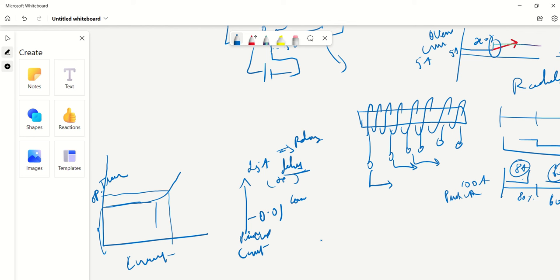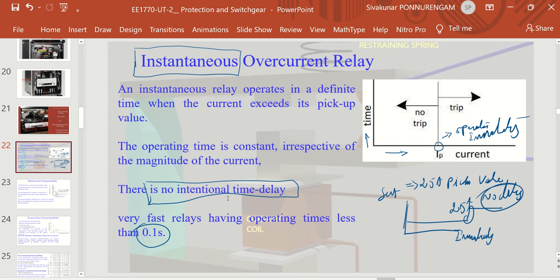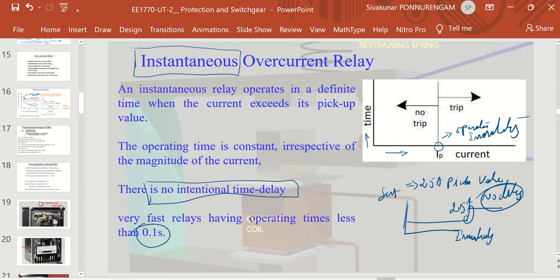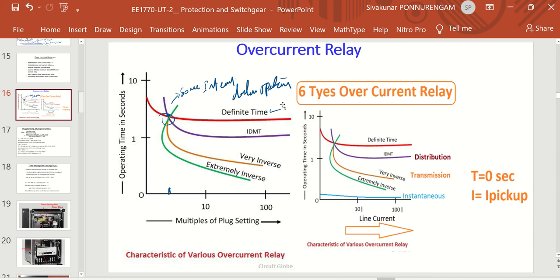So first the current is greater than the setting value, then the delay occurs, then the trip. First the current is achieved, then the delay, and then tripping. This is the point to consider for a definite time relay.